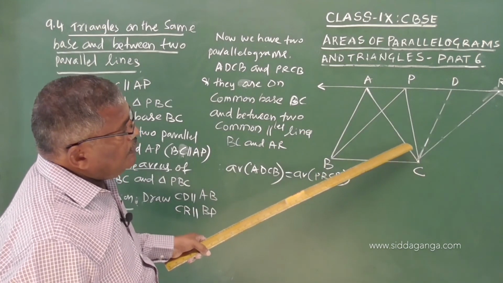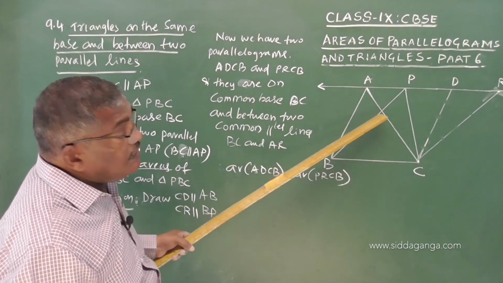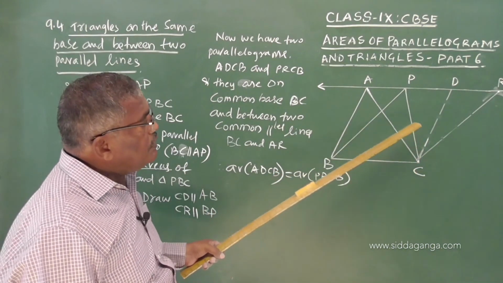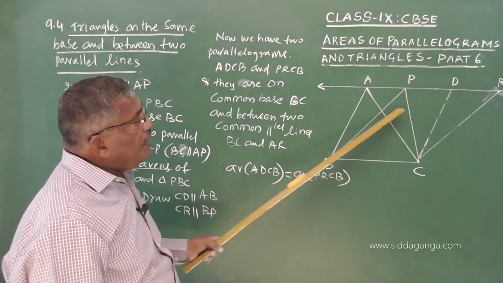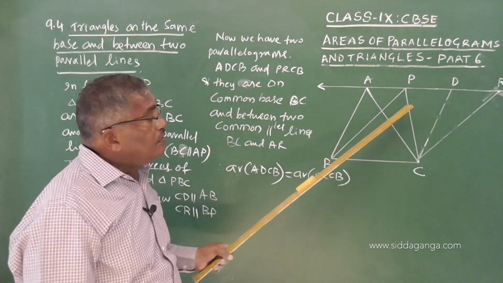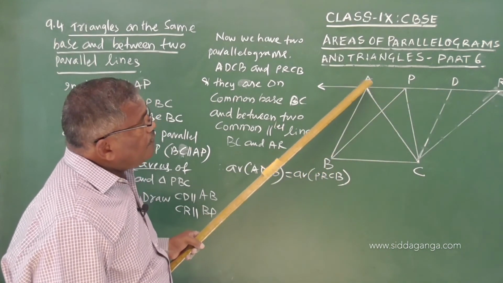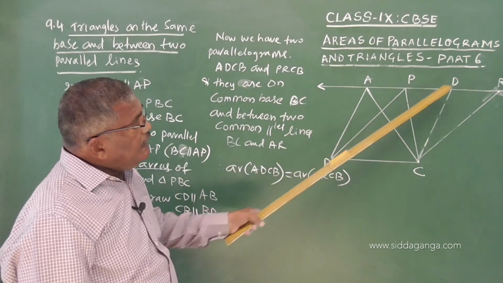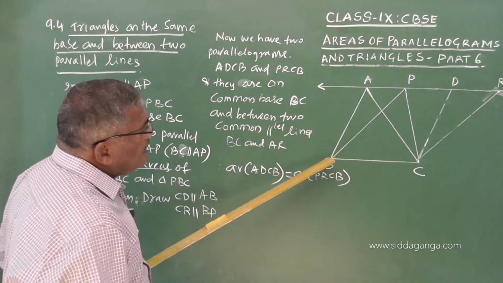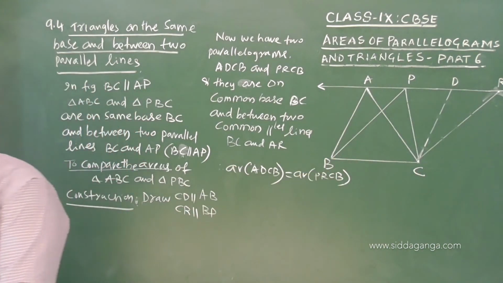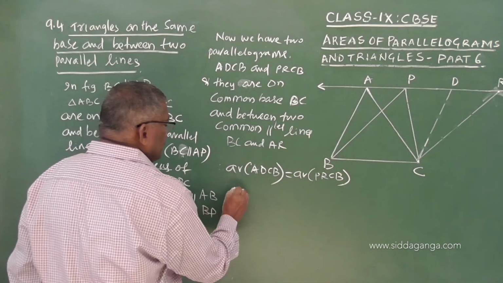We know that in a parallelogram, the diagonal divides the area into two equal parts, two congruent triangles, their areas will be equal and they will be congruent.